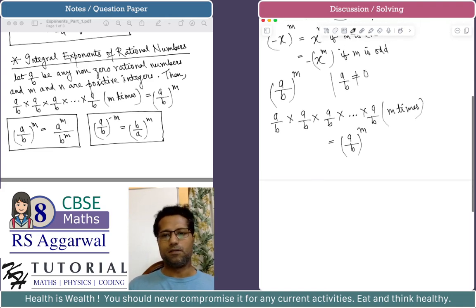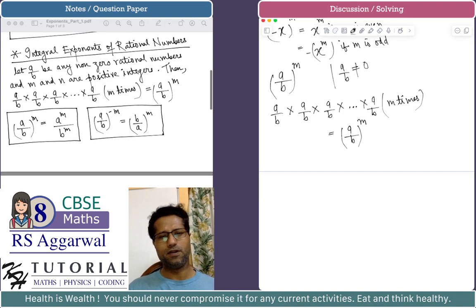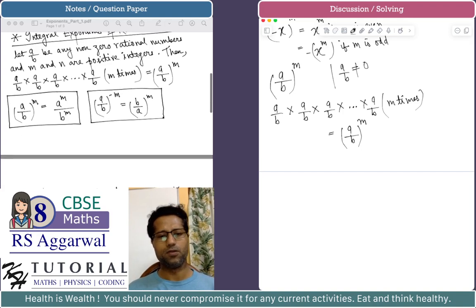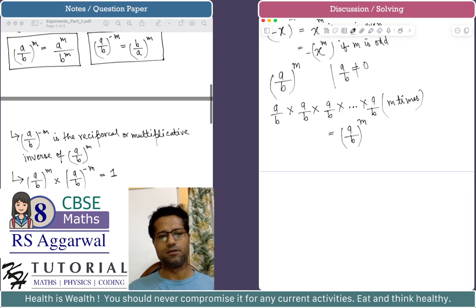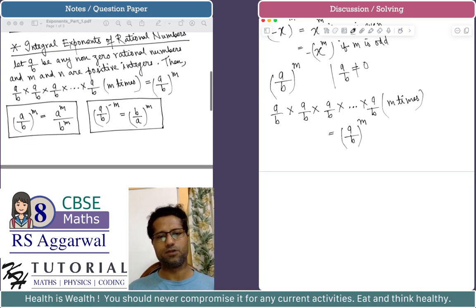Okay. Now the next thing is when the power, that is the integer, is a negative integer. While I'm not following my notes thoroughly line by line as I'm doing the discussion, you can take screenshots of the notes.